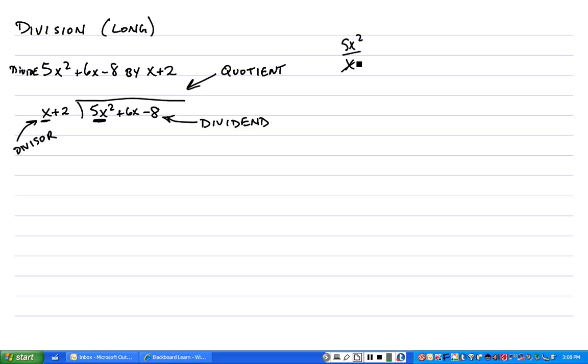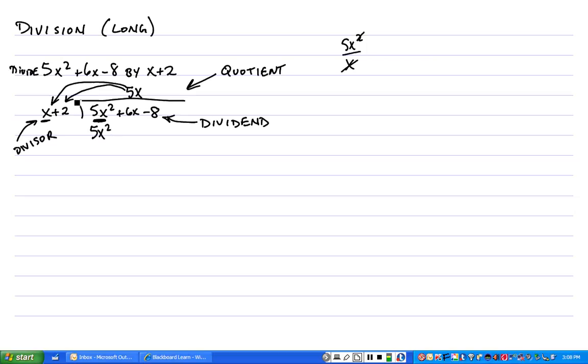Well, that x would disappear, that 2 becomes a 1, and that'd be a 5x. So 5x times x would give me 5x squared. I write my 5x above the x's, not above the x squareds.